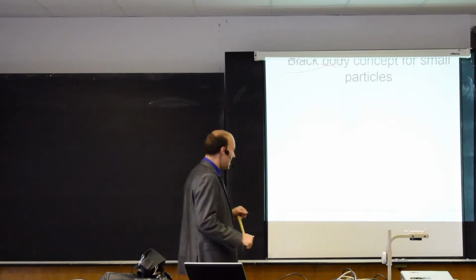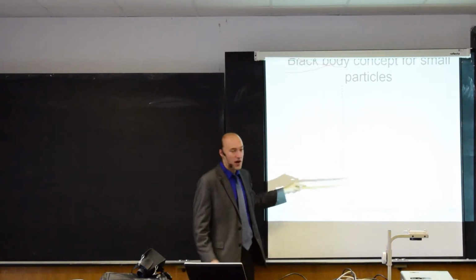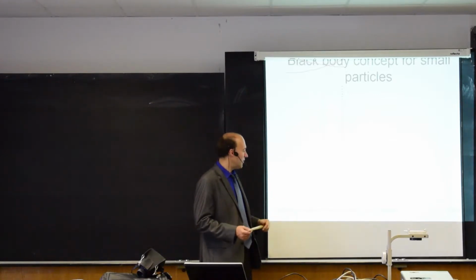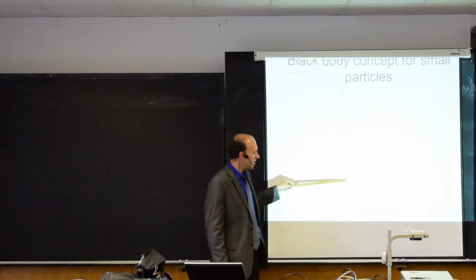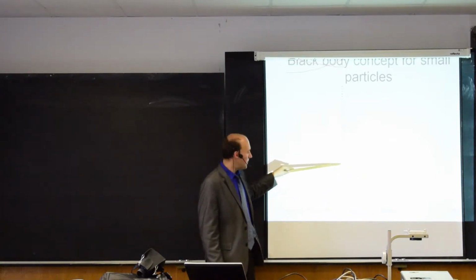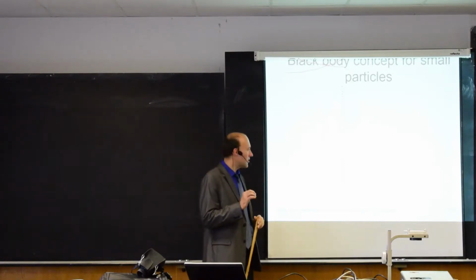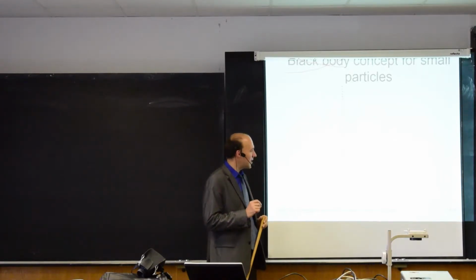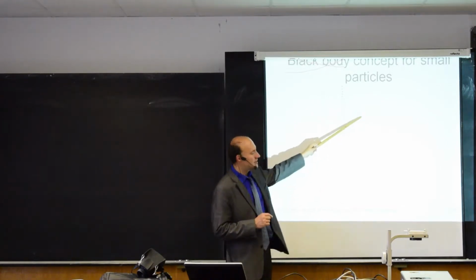The reason is that if you have a small particle compared to the wavelength of the radiation, then you can imagine it's like a flow of energy. But if the particle is about the same size as the radiation wavelength, then this happens.